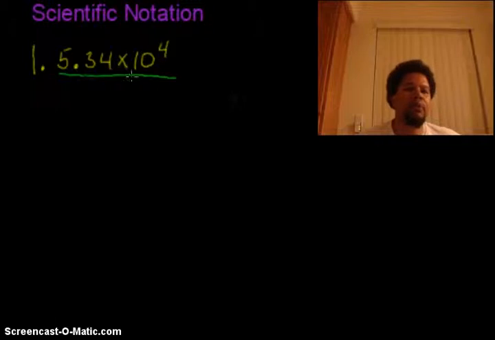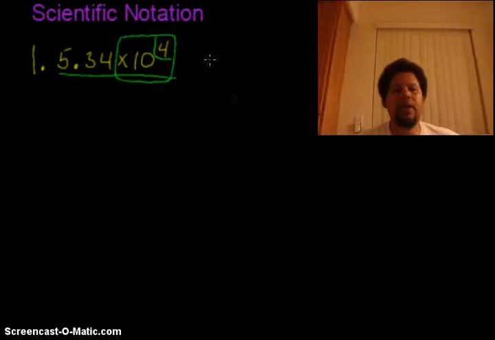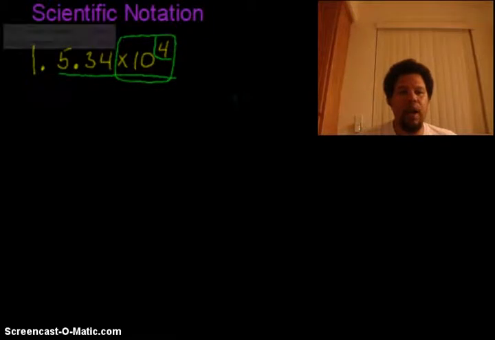Okay, so how we read this, we look at this part of the scientific notation and specifically the exponent. The exponent lets us know where to move this decimal point. So if this is a positive exponent, it means we're going to move this decimal point to the right, and in this case 4 times.